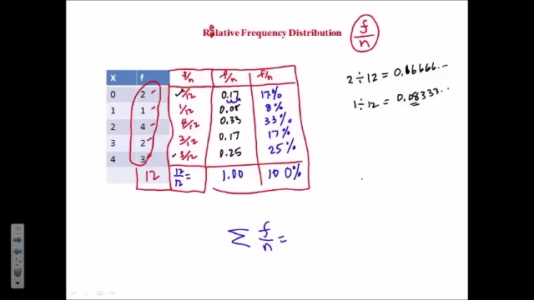12 twelfths is 1. So notice that the sum of the relative frequencies always comes out to be 1 or 100%, which is the same as 1. This is something that we want to keep in mind. Later on, we're going to call these kinds of distributions probability distributions.